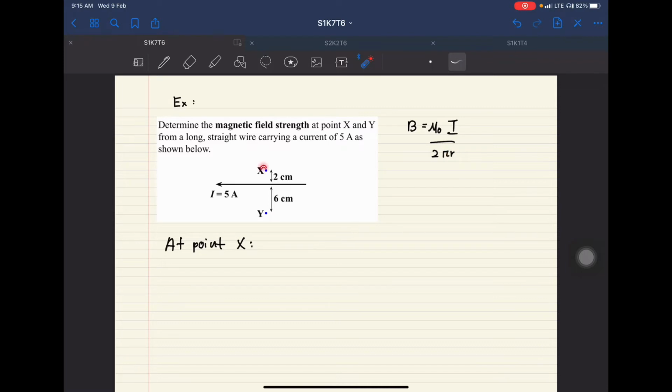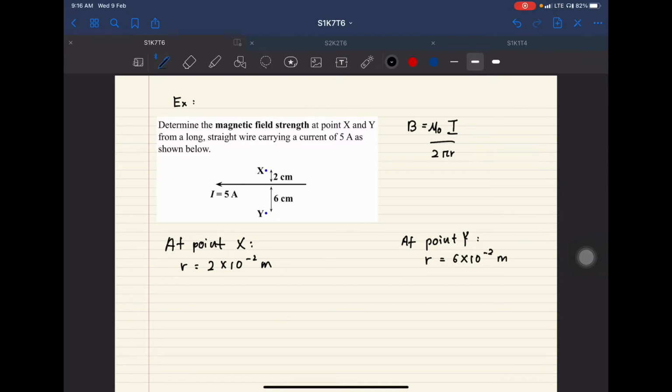For point X, R is equal to 2 centimeter. Obviously you have to change to meter, so R at point X is 2 times 10 to the negative 2 meter. On the other hand, at point Y, R is equal to 6 times 10 to the negative 2 meter.